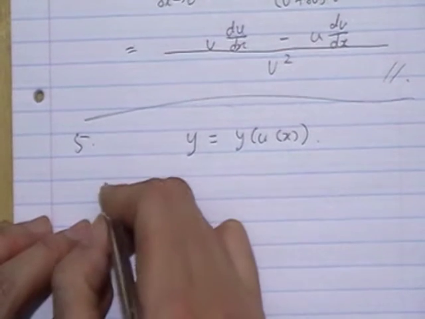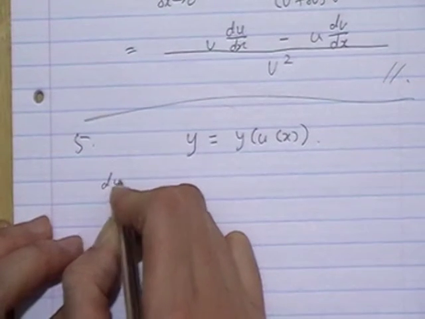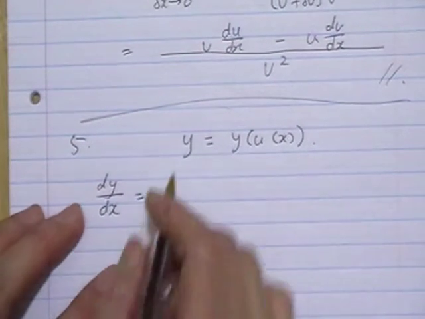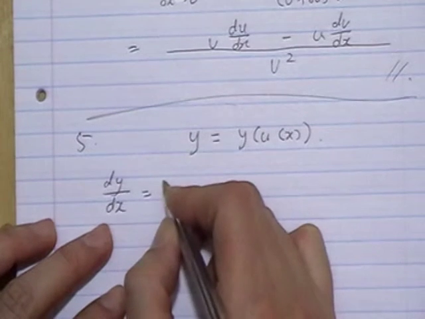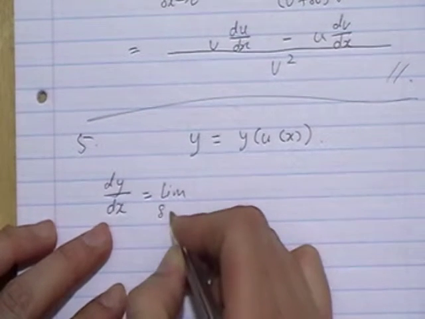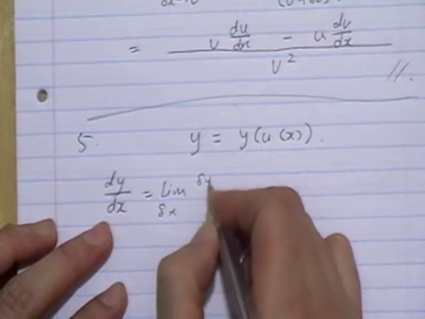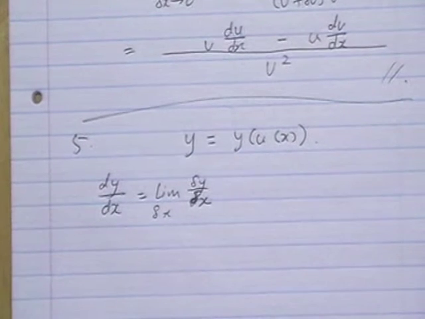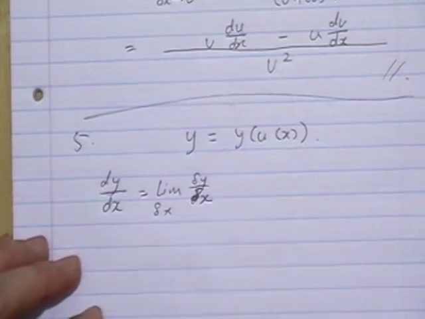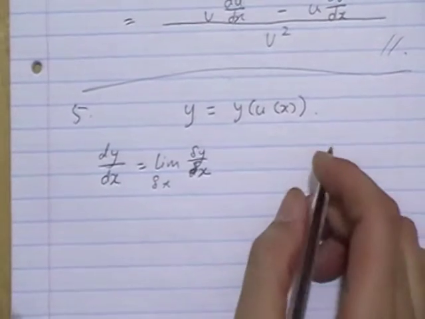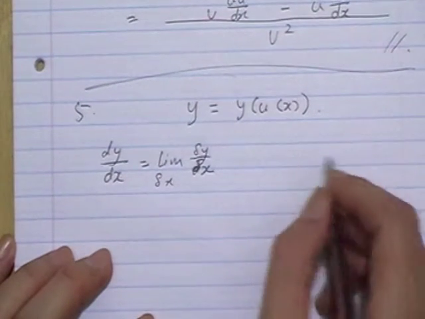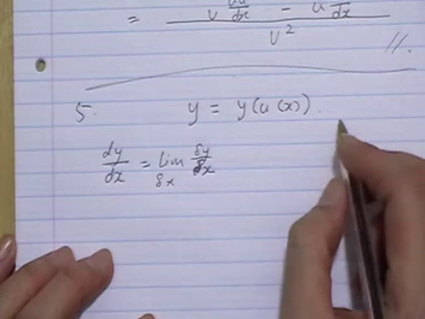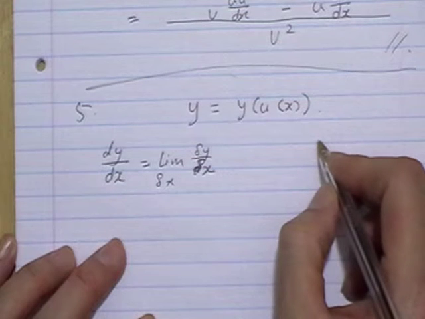Okay, dy dx, the definition of this is delta y over delta x. Alright, now this is a little bit more tricky than the previous step, but actually quite simple once we know what to do.